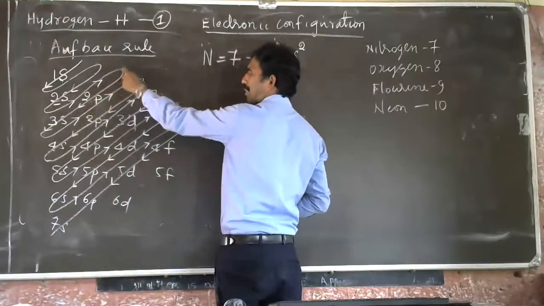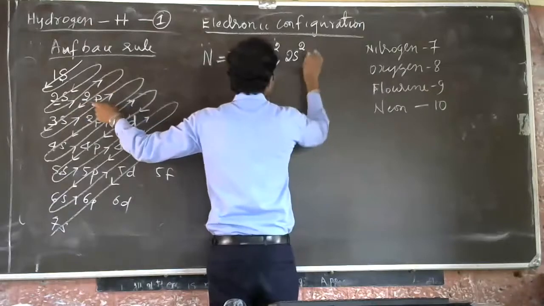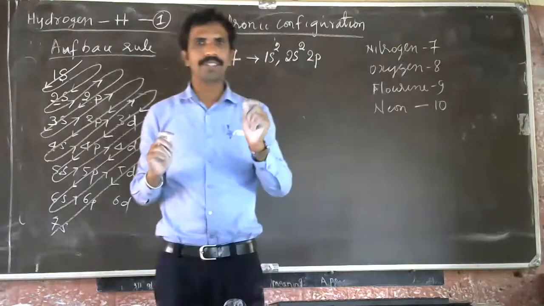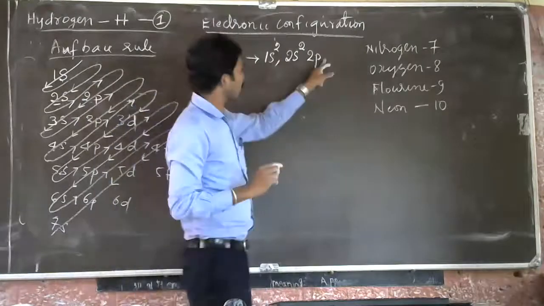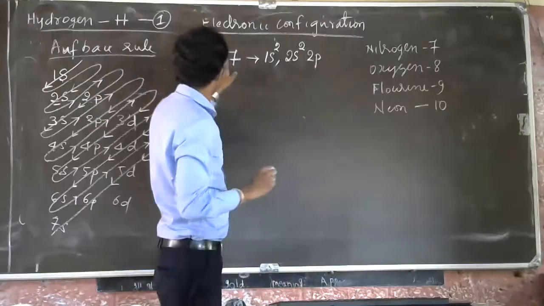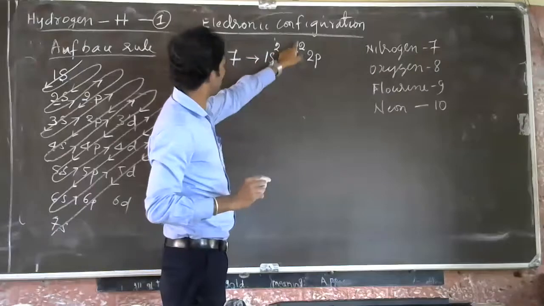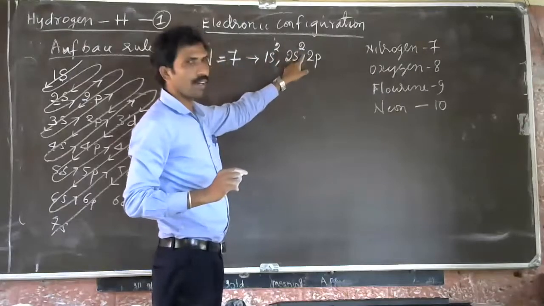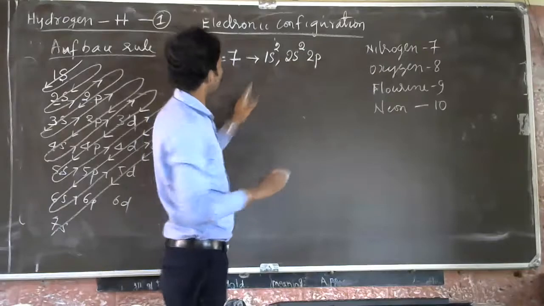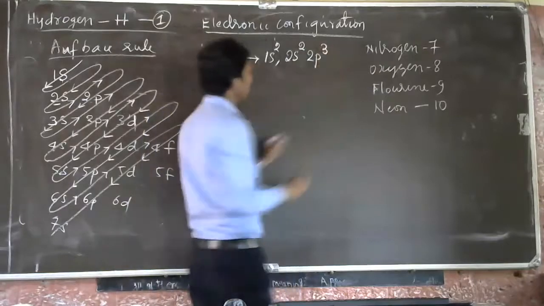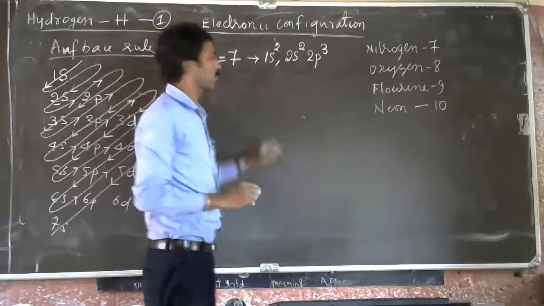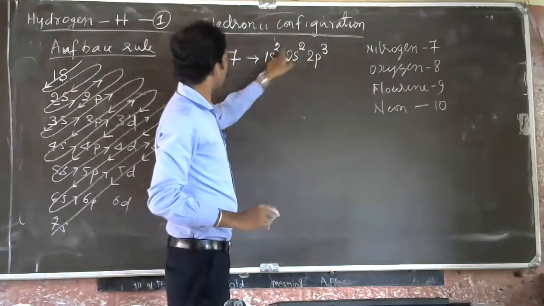Follow the arrow mark to 2p. The capacity of p is 6, means 6 electrons can be occupied. Here 1, 2, 3, 4 are already occupied out of 7, so the remaining 3 electrons are occupied in the p shell. Totally 7.